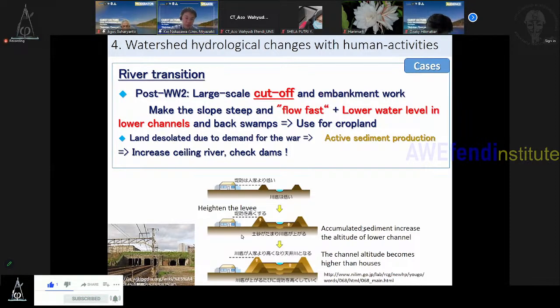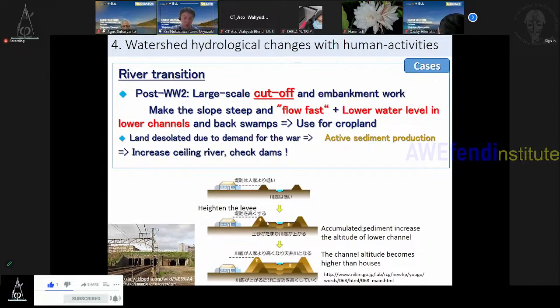So the bottom picture is an explanation of the mechanism of a sailing river. The river is at the same altitude as our town. But if the sediment production is high, of course, the sediment is deposited in the river, and the altitude of the river becomes higher.